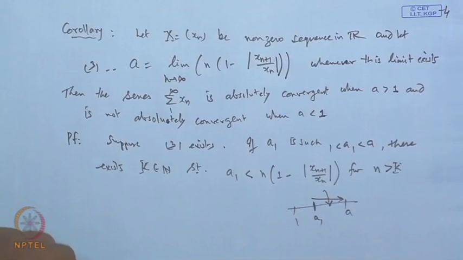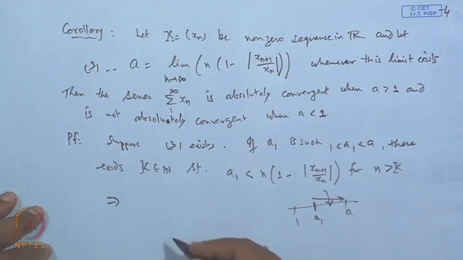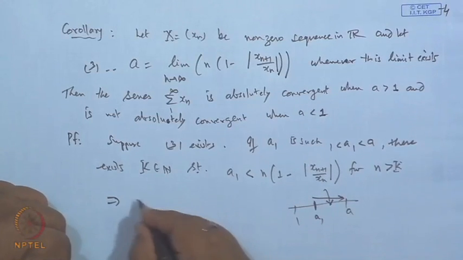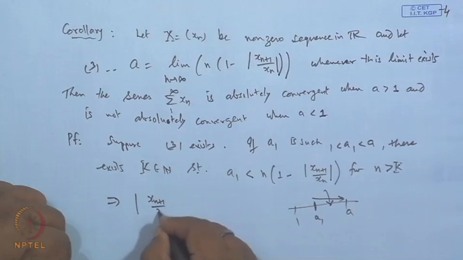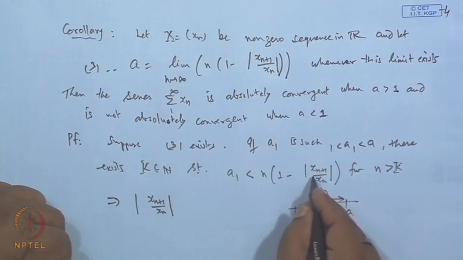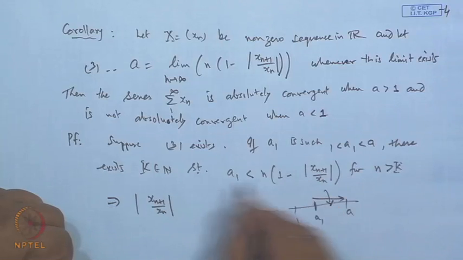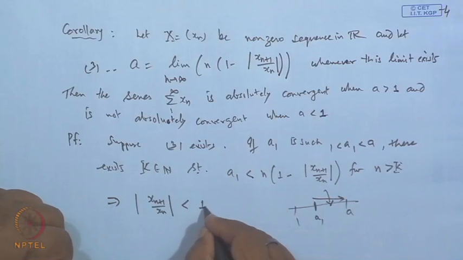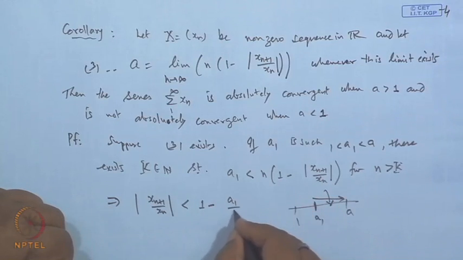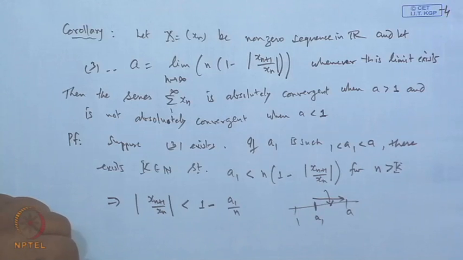Therefore, this implies that mod of x_{n+1} over x_n, when you transfer it, is less than 1 minus A_1 by n. Okay.